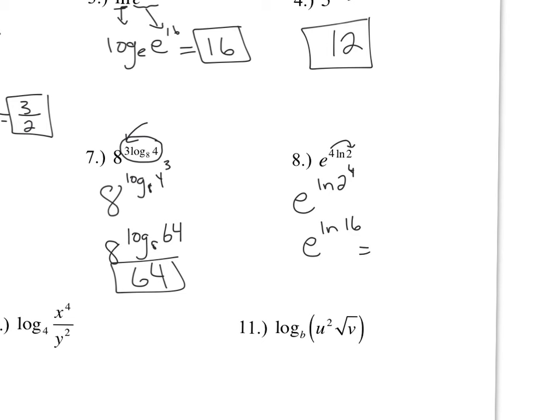So if you need to, you can rewrite the ln over here as a log base e of 16. So again, that same property, the base of the exponent is the base of the log, so 16 is your final answer.